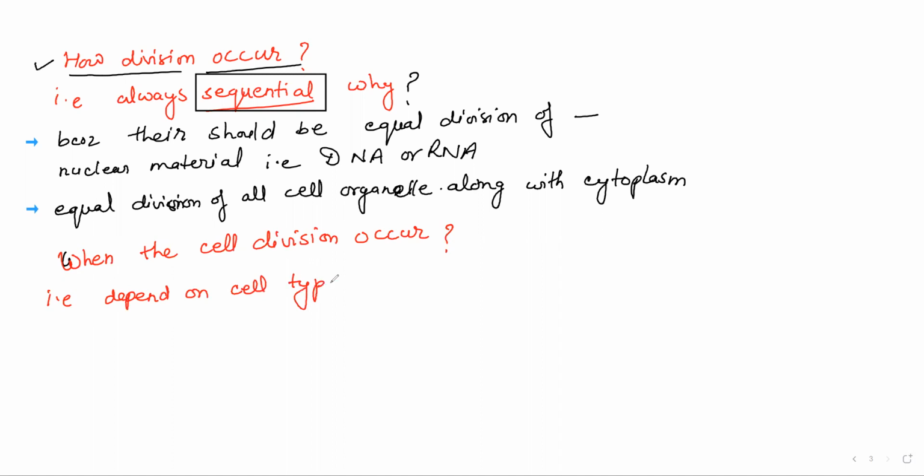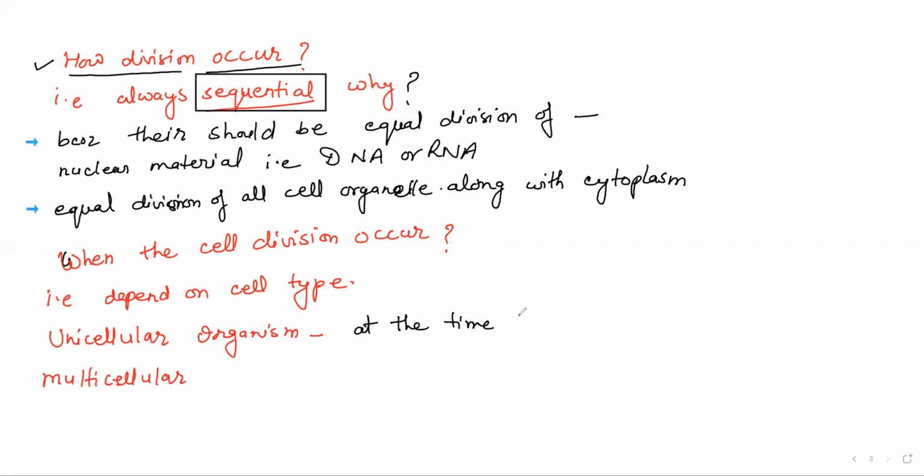Which are the cell types? Unicellular and multicellular organisms. In a unicellular organism, cell division occurs generally at the time of reproduction.